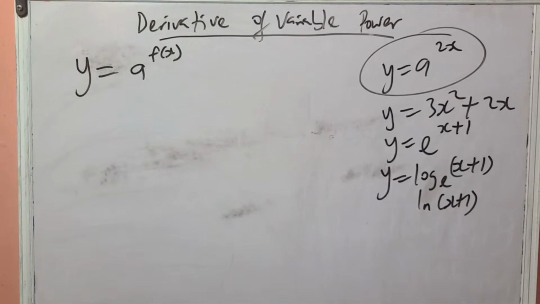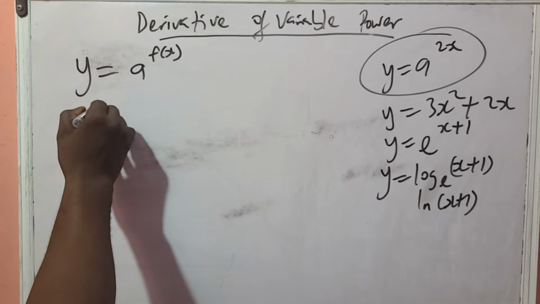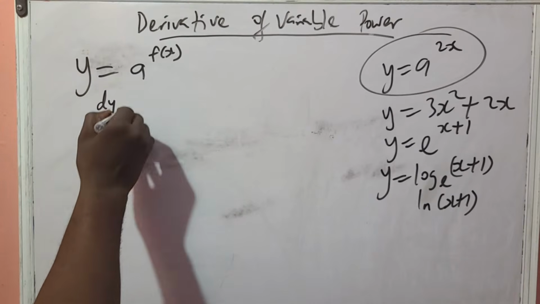Now, we don't want to waste time. There's a process to this that I don't want to take you through. So what you're just going to do, if you have this kind of situation, is this is what you are going to use to get your dy over dx every time.